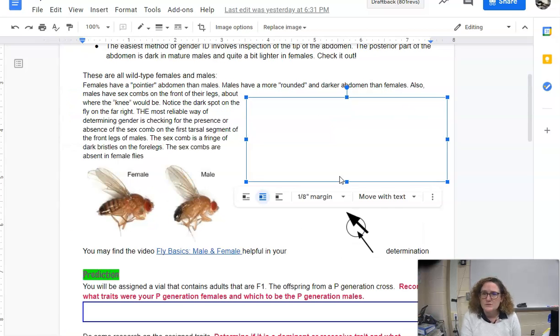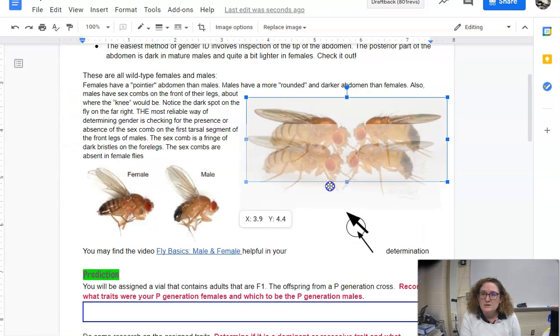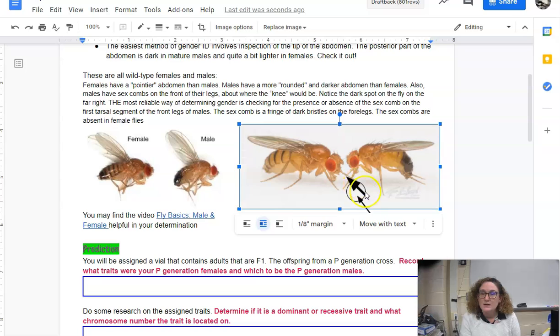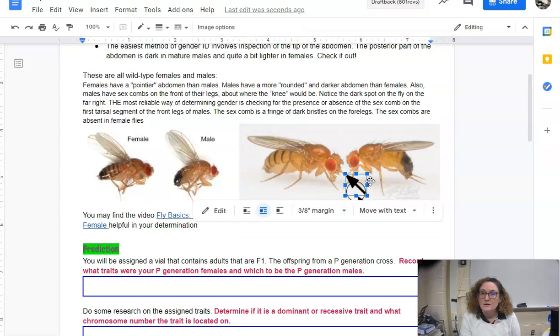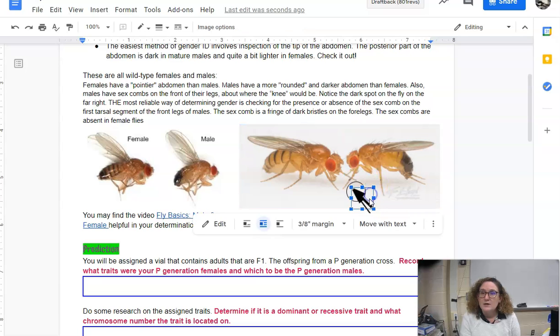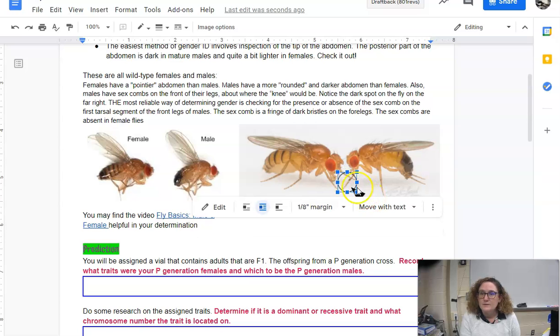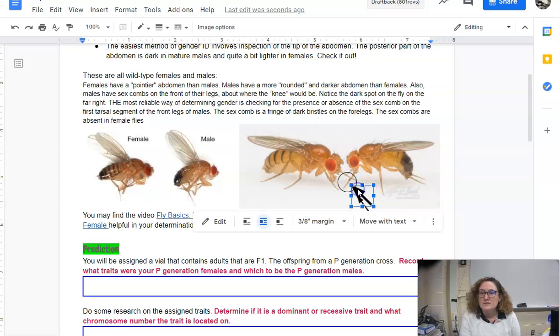The sex combs, oops, are these little tiny black hairs that are in this circle. Okay, so see how there's that circle there? The sex combs are those. And so for me, that's what makes it easier to see whether it's male or female. I like looking for that.